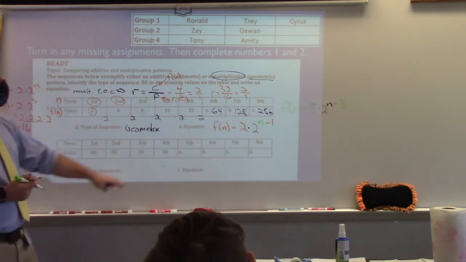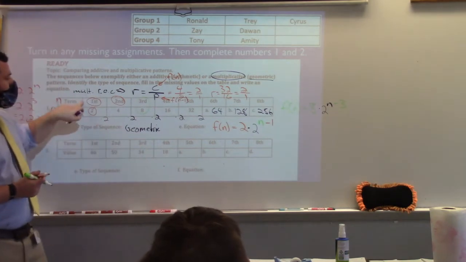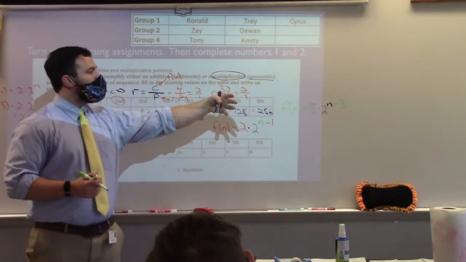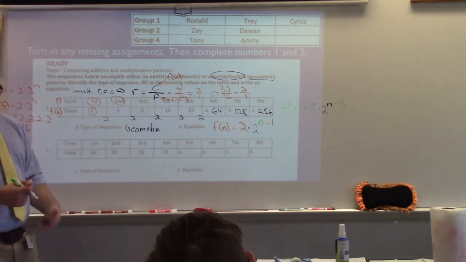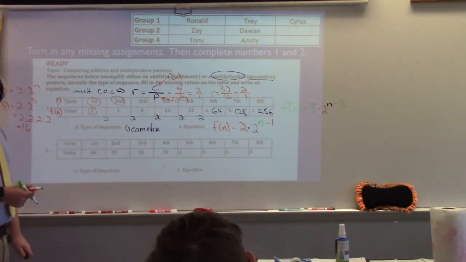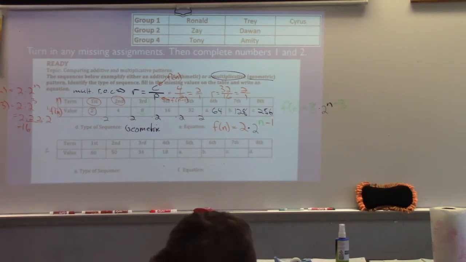When I started at 2, the first term, I did n minus 1. When I started at 8, my third term, I had to do n minus 3. Okay. Any questions about that before we move on to number 2? Alright, speak now, forever hold your peace.